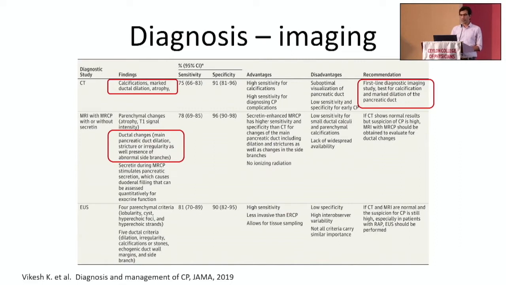And the role of endoscopic ultrasound: it has the highest sensitivity in diagnosis, although there is a slightly lower specificity compared to the other two imaging modalities. The role of EUS in the diagnosis is when both the CT and the MRI are not very convincing, you can go ahead with the endoscopic ultrasound.